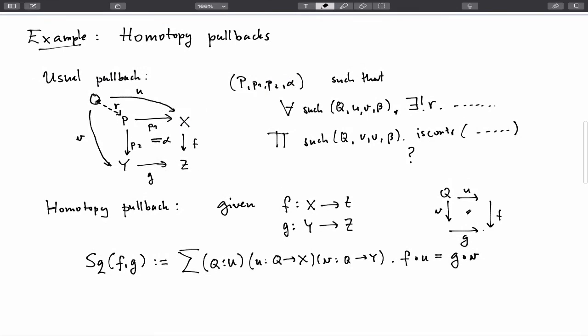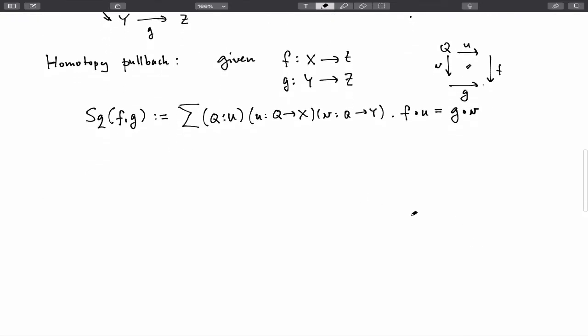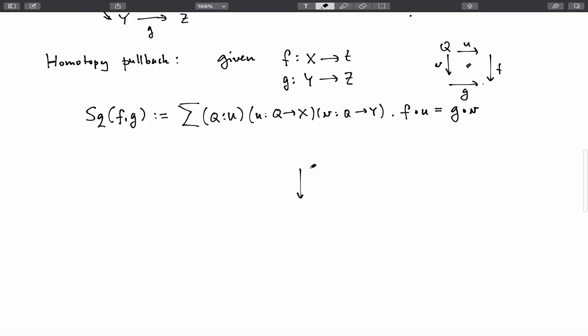If I give you one of these R's, if I already have a square that commutes like this, and now I come up with some other R and some arrow here, let's call it little r. If I have such an arrow, then I can make a new square, because what I do is just compose RV and RU.